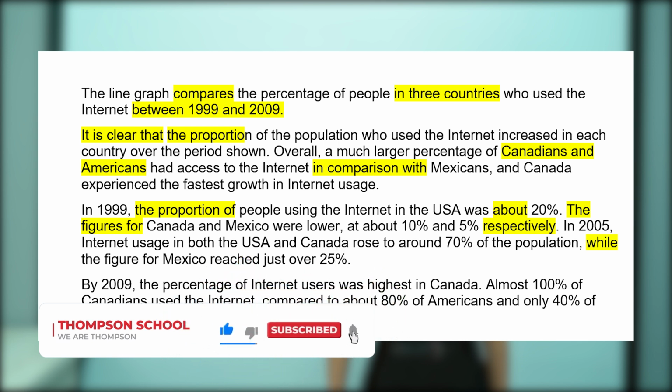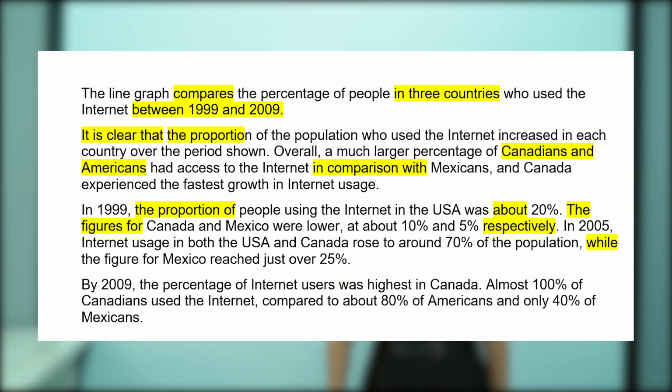And let's analyze the details too. Here we have: by 2009, the percentage of internet users was highest. You see, was highest. It is comparison language, actually superlative language. In Canada, almost 100% of Canadians use the internet, compared to 80% of Americans and only 40% of Mexicans.